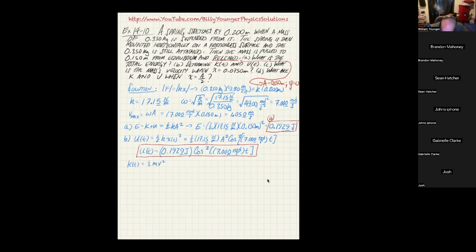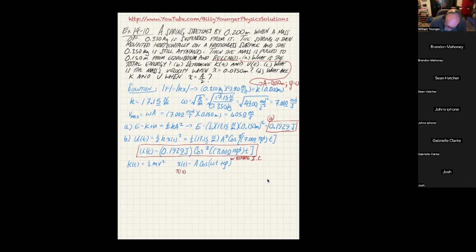Now, x of t, we already determined was a cosine omega t plus phi, but that's all before initial conditions.